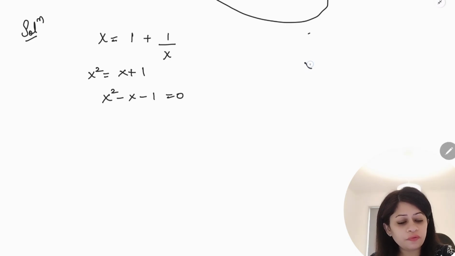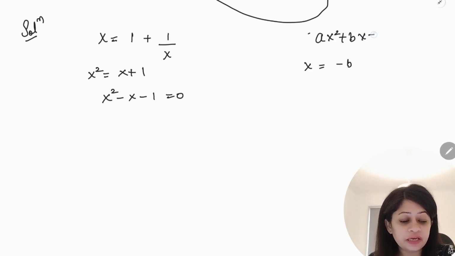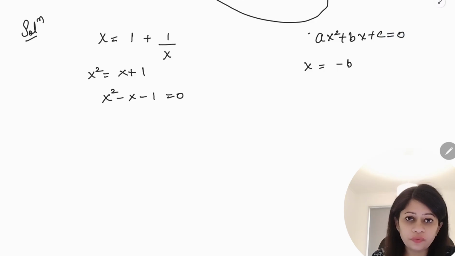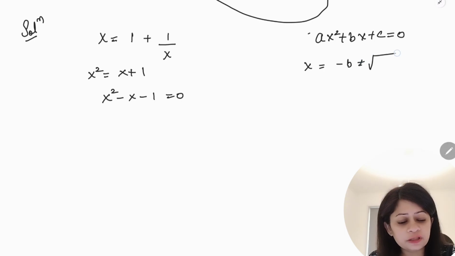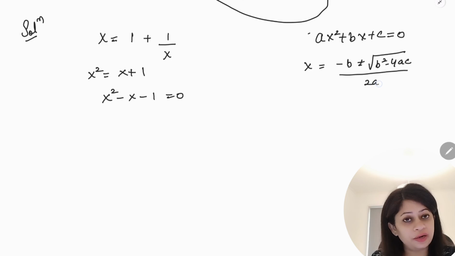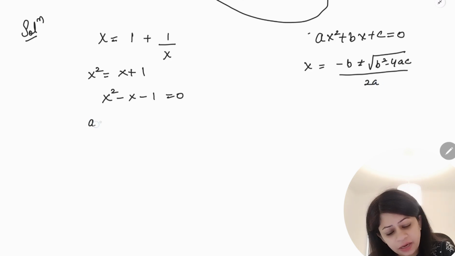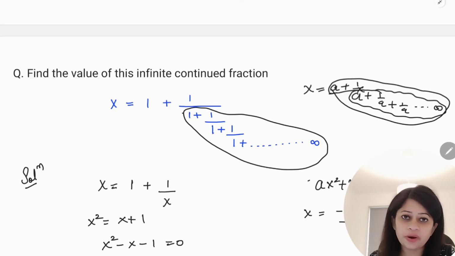You know the roots of quadratic equations: if you have ax square plus bx plus c as a quadratic equation and you need to find the roots, this is the formula: minus b plus minus under root b square minus 4ac, by 2a, right? What is a here? a is 1, b is minus 1, and c is also minus 1.